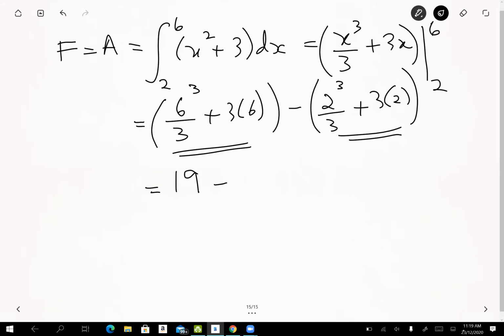What is the value here? 8 over 3. 8.67. So you will get the difference.